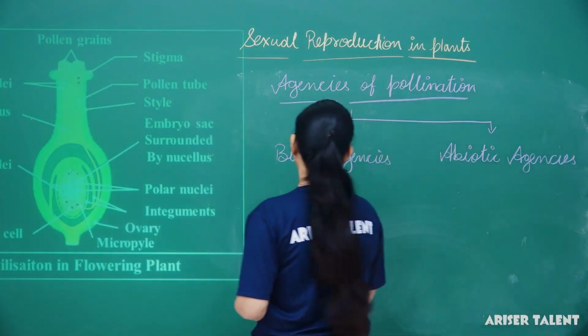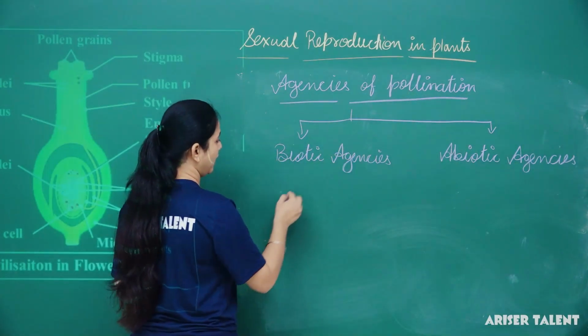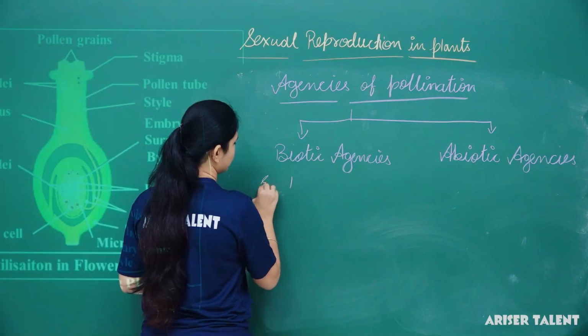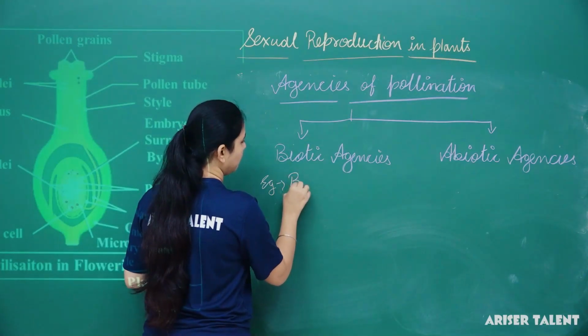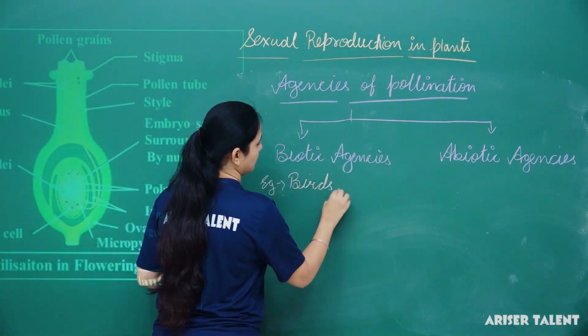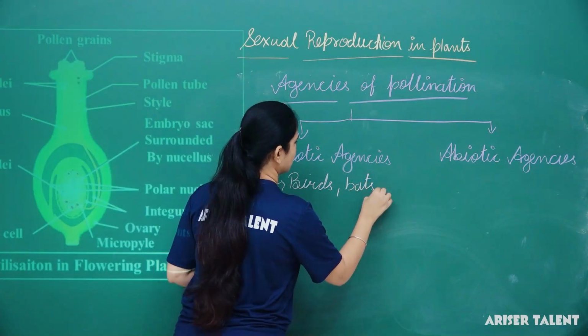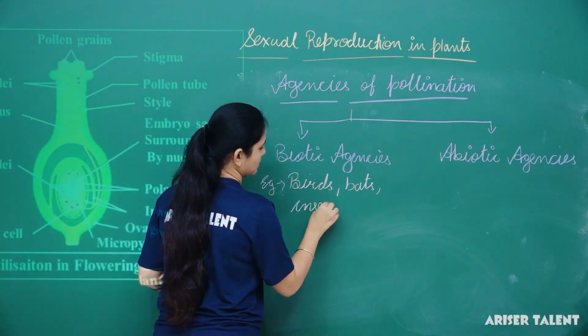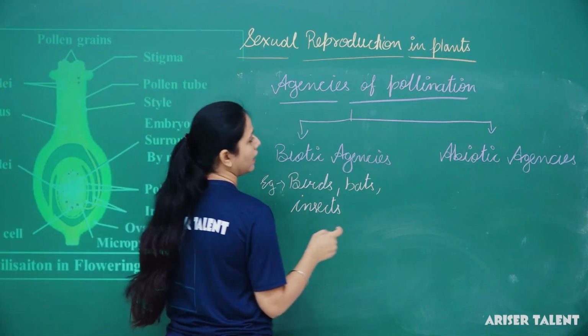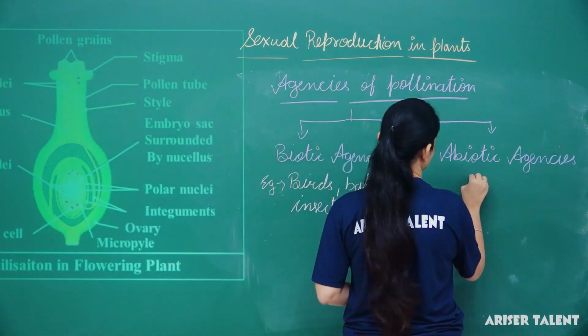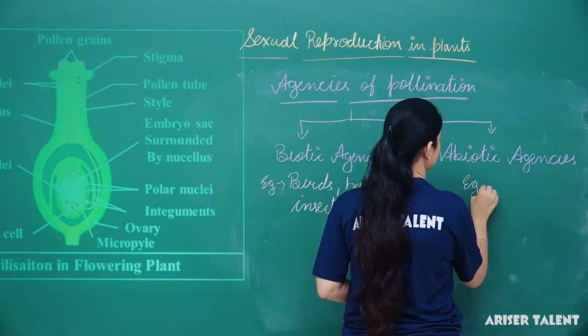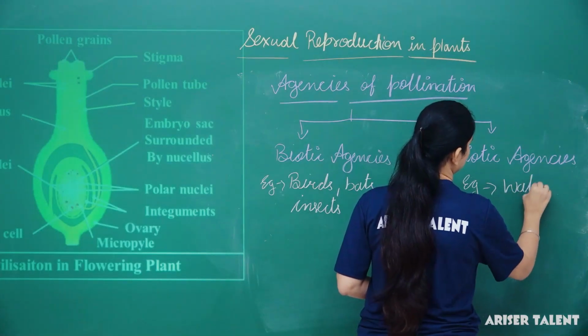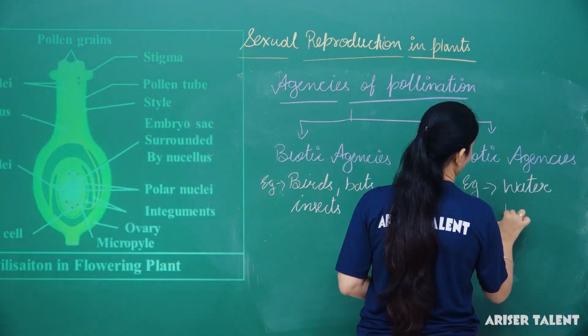Okay, if we talk about biotic agencies, then examples are birds, bats, insects. And if we talk about abiotic agencies, then they are water and wind.